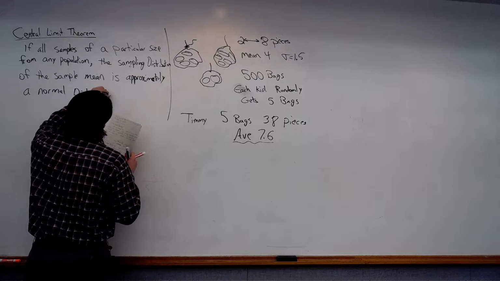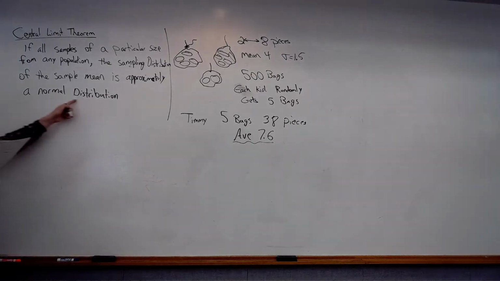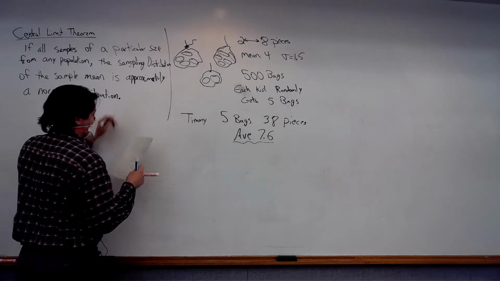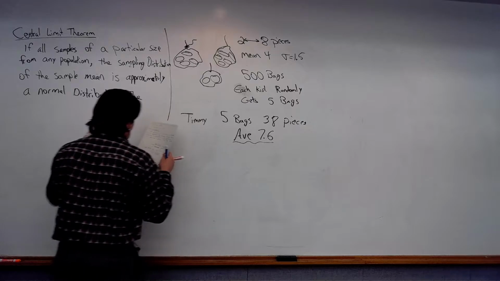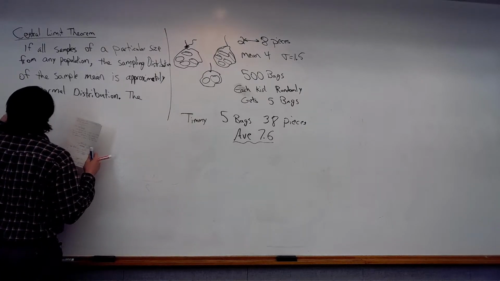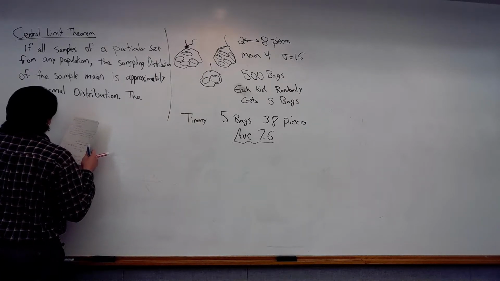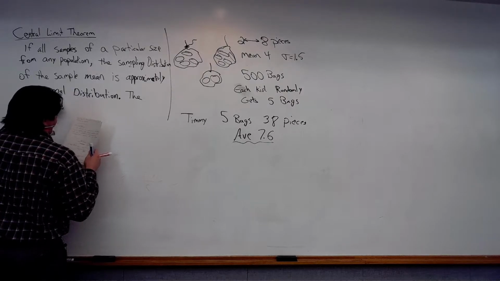And that is really the heart of it, because we know how to deal with normal distributions. We already have those methods to play around with. One last little part: the approximation improves with a larger sample size.